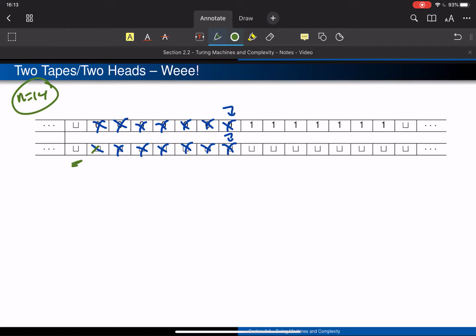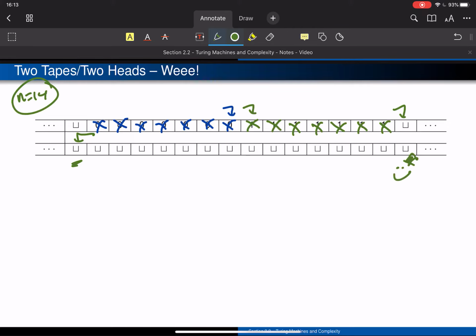So what's going to happen is that as this thing moves over, I'm going to X that one out, and then that one's going to get blanked out. Then I'm going to X this one out, and then delete that one, and then X and delete, X and delete, and hooray, our two tapes are now both staring at a blank, which is to say that I have in fact matched the zeros with the 1s and everything is great.